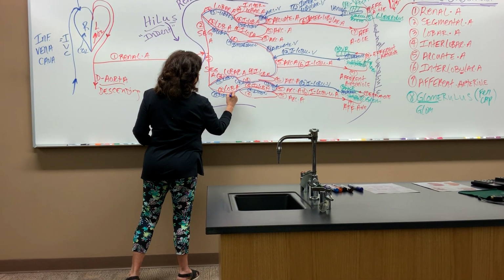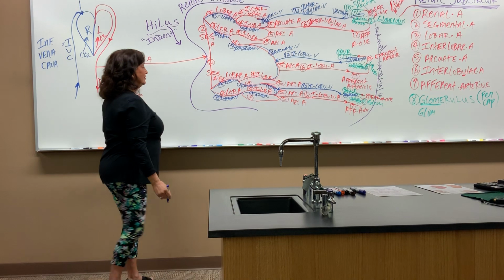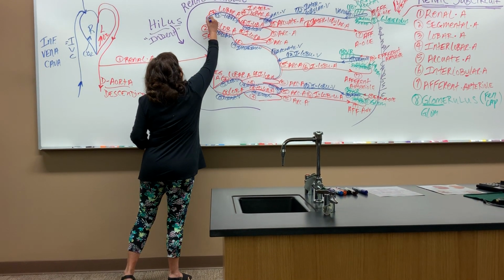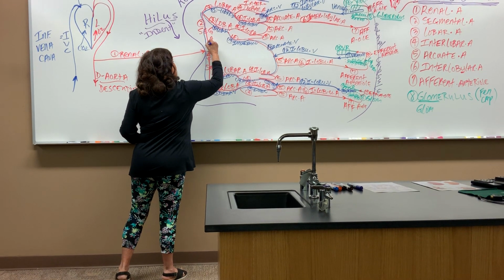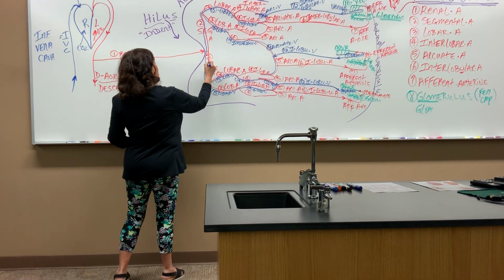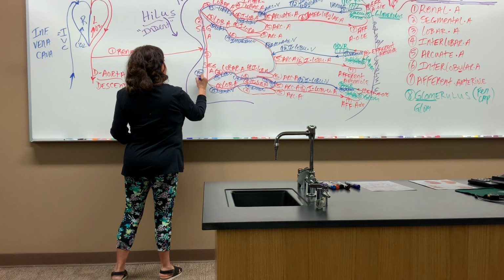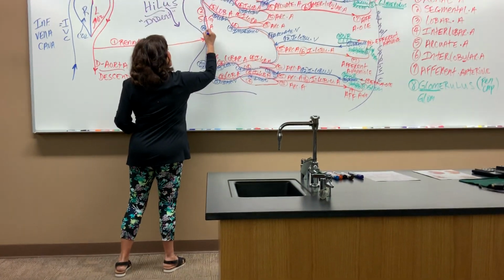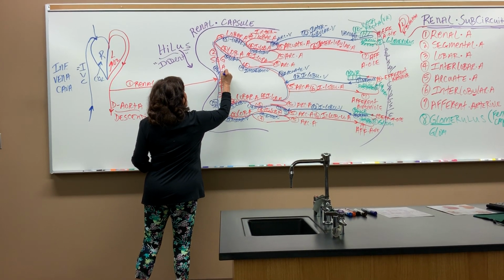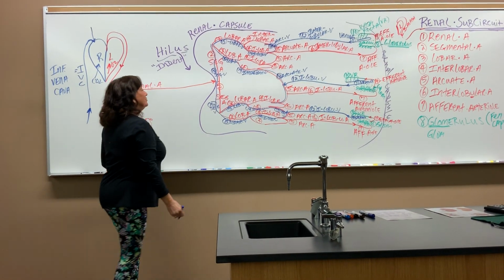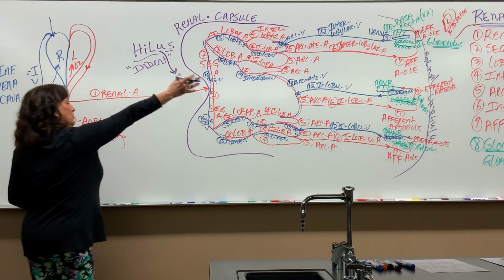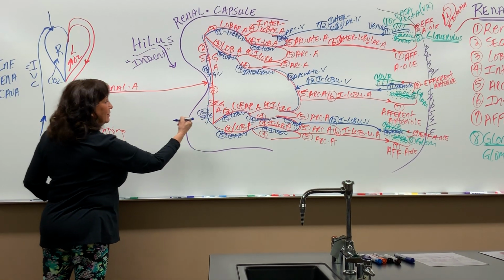And then 16, we're going right up here. We're going to go to the segmental. And so here's 16, segmental vein. And then the blood's already been filtered way up in the capillaries.